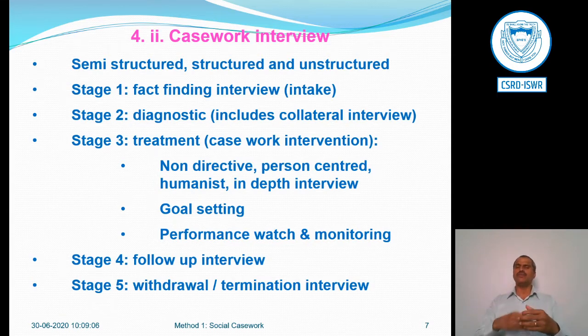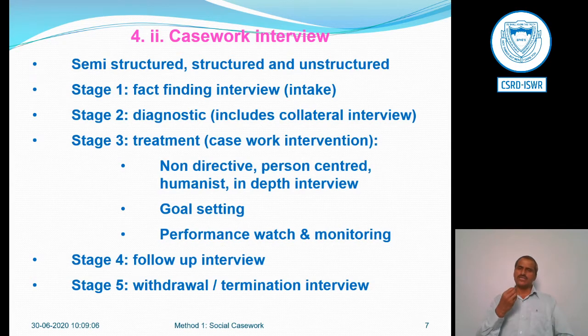And after this casework, once the problems are solved, once the client is empowered, now there is a stage where this relationship has to be broken. It was a purposeful relationship. Once the purpose is served, the relationship has to be closed.